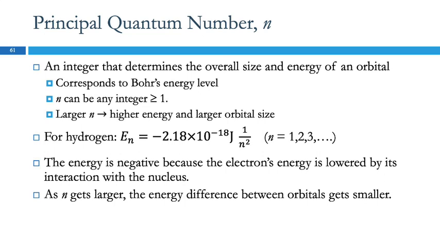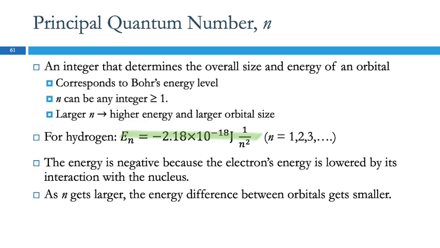We can describe the energy of an electron in a hydrogen atom using this equation. The energy, with principal quantum number n, is equal to negative 2.18 times 10 to the minus 18th joules times 1 over n squared.